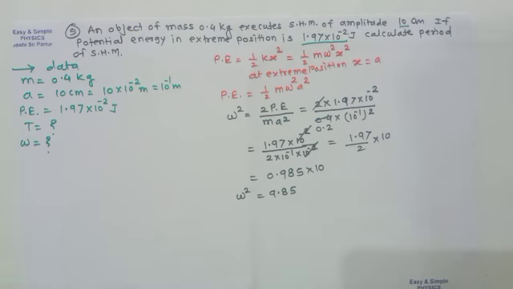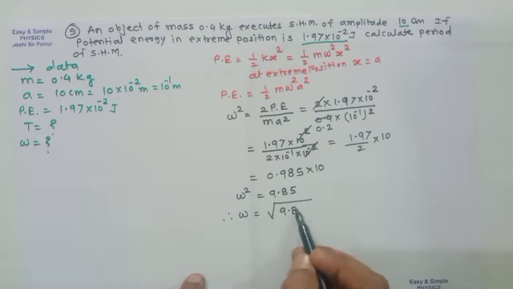By taking the square root, the square root of 9.85 will be 3.139.